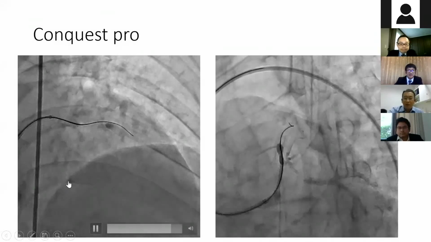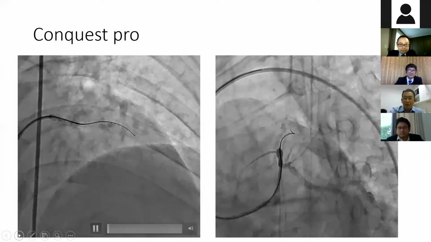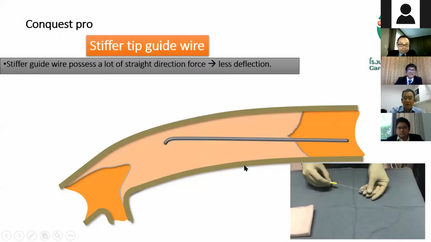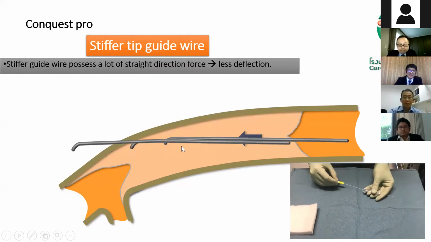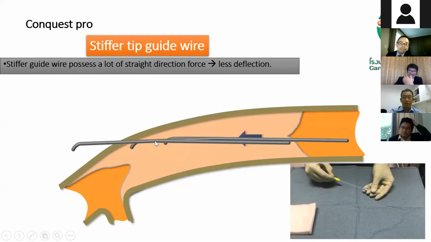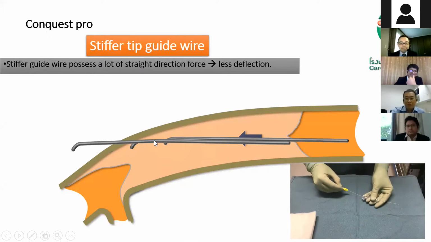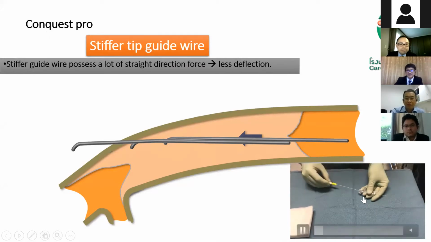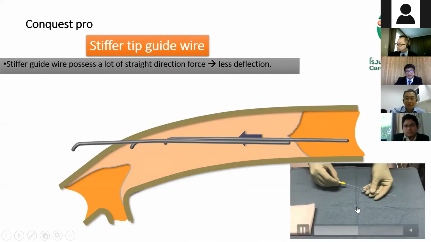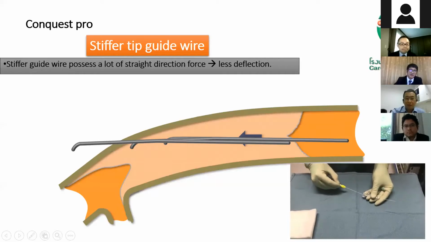I tried to reform many times. So this is the stepwise approach, the penetration concept. If you cannot penetrate the calcium or hard plug, the wire will go away from this resistance and maybe go outside the vessel. This is the penetration concept for this group of guide wires.